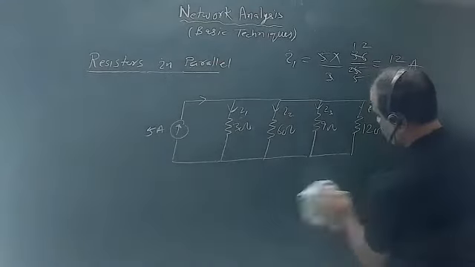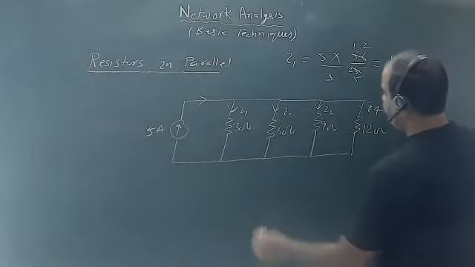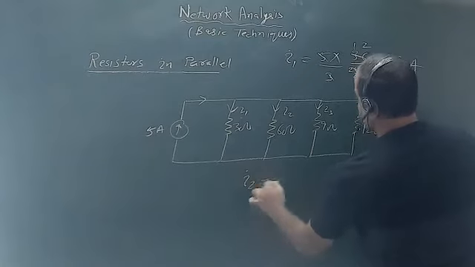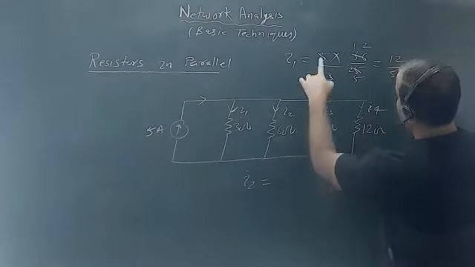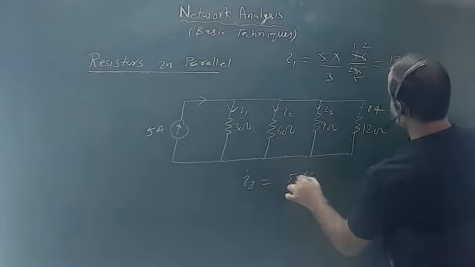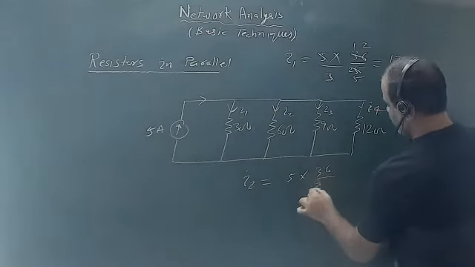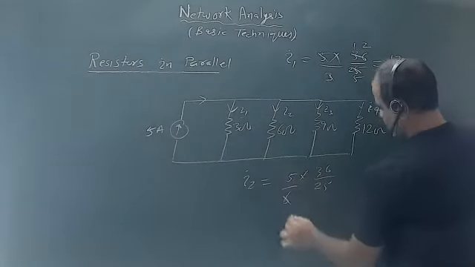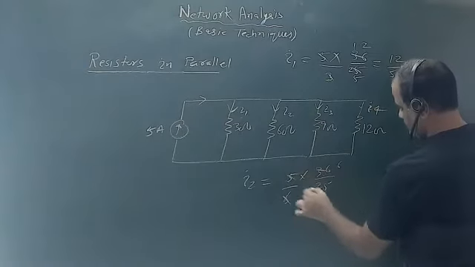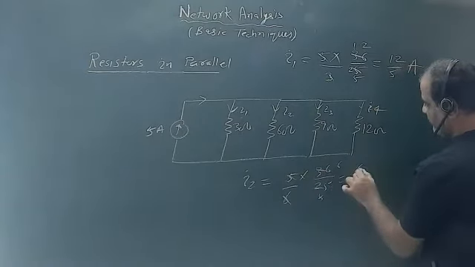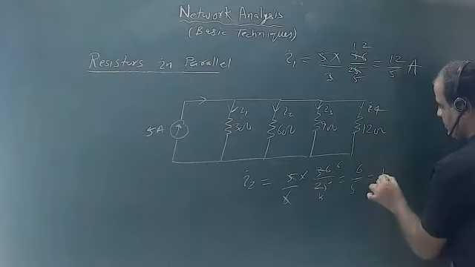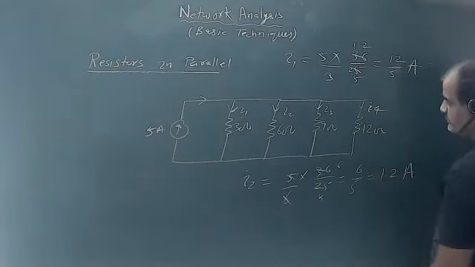Similarly I2 will be 5 ampere coming, R equivalent 36 by 25, resistance is 6, so that is 6 by 5. Okay, 1.2 amperes.